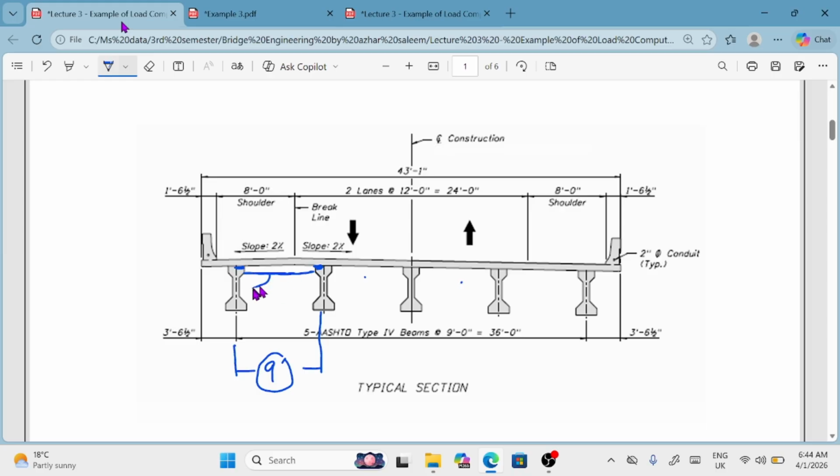This much distance will equal 9 feet minus 10 inches and minus 10 inches, so minus 20 inches.